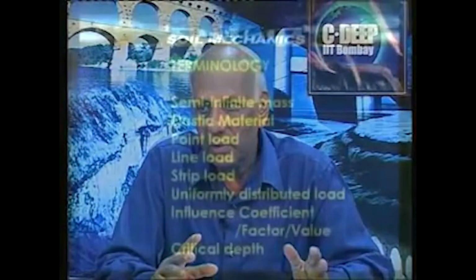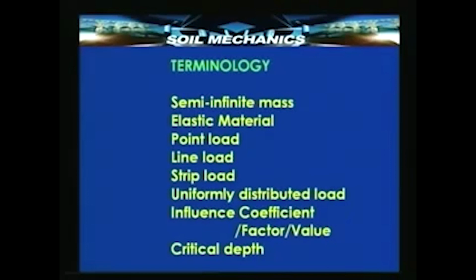Now, just to wind up, let us summarize. You need to understand very clearly some of the terminology that we have used in the course of these 6 lectures. We have used terminologies like semi-infinite mass, an elastic material, different types of loads, point, line and strip, uniformly distributed loads, and then terminologies such as influence coefficient table, influence coefficient chart, influence coefficient factor, influence coefficient value and influence coefficient per se, just coefficient.